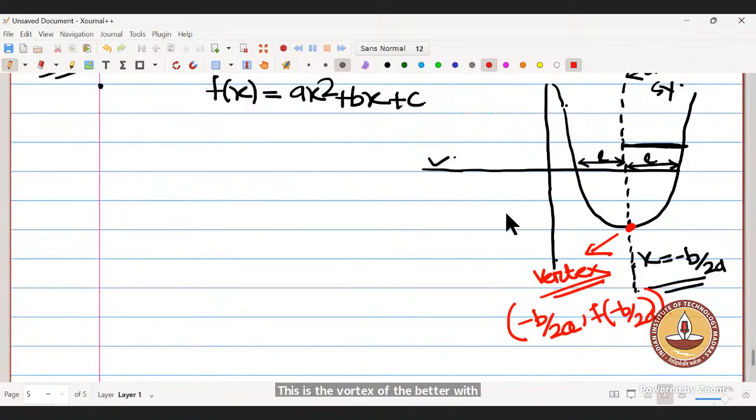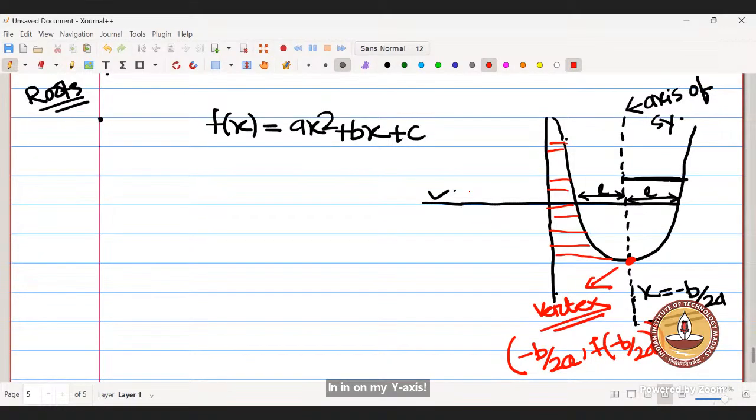And as you can see, if I project all these points on my y-axis, then I will get all the points above this point, let's say M. Okay, I'll get all the points above this point A, right?